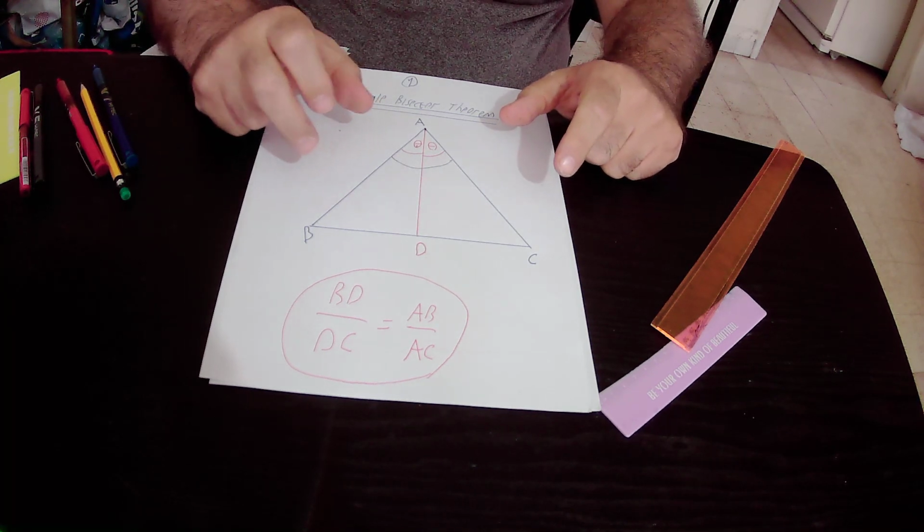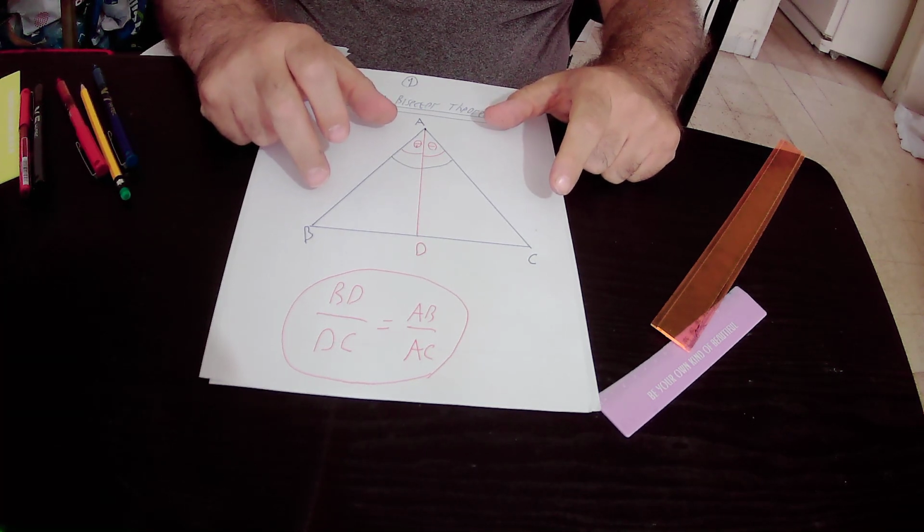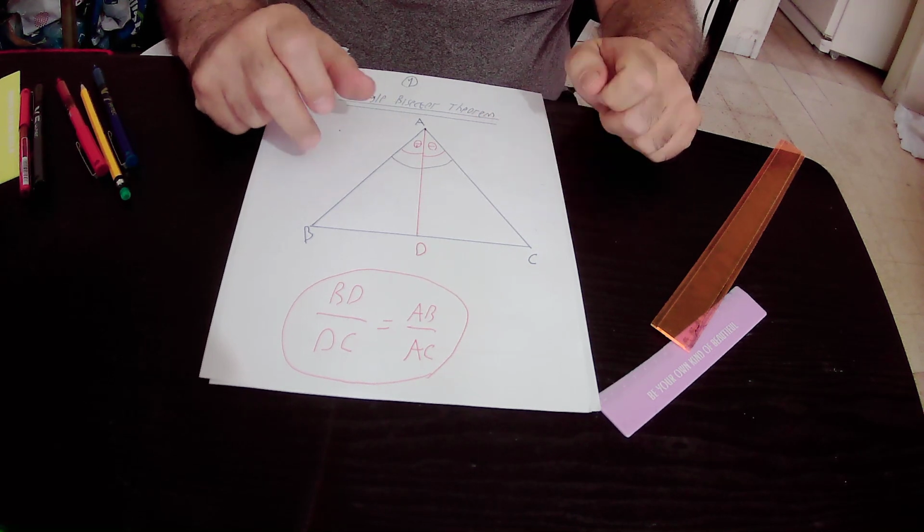The angle legs are AB and AC, and the ratio between the angle legs is AB over AC.